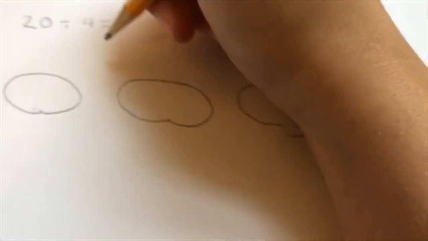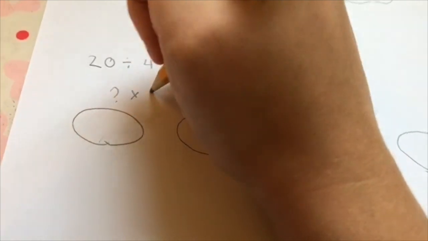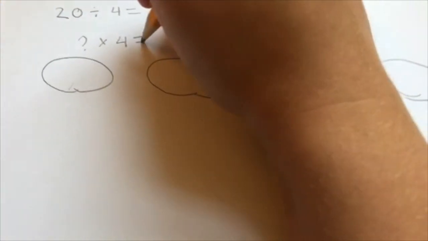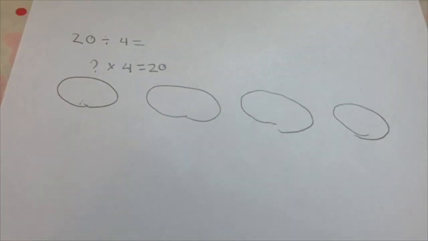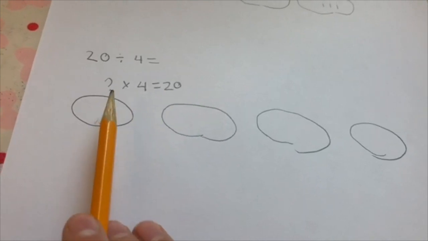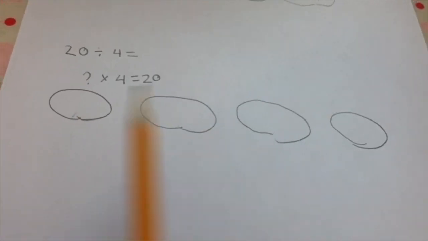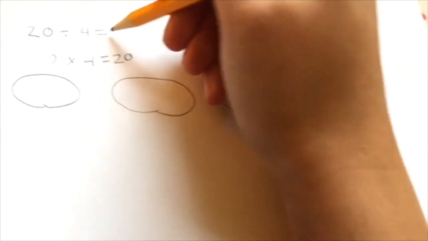So basically we're asking what times 4 equals 20, because division is the opposite of multiplication. We're going to do the same thing, except now we don't know how much we're putting in each group. And how much we put in each group is going to be the answer up here.